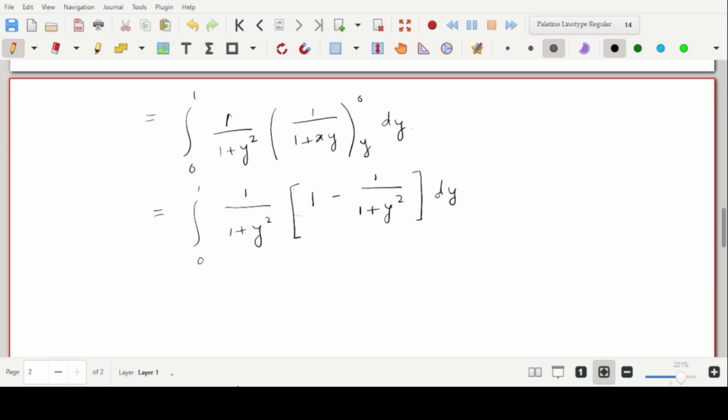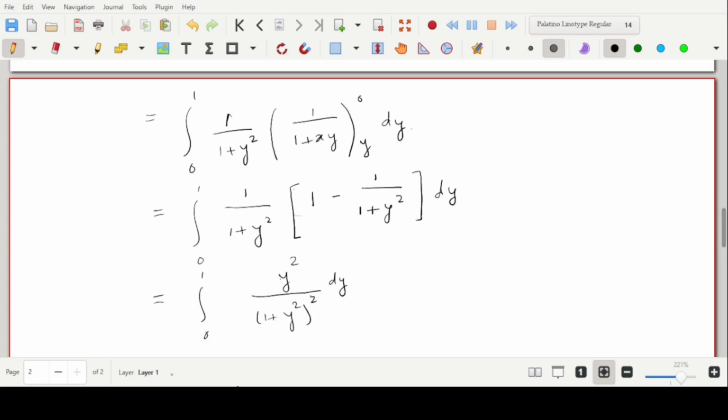Okay, so now this is 1 plus y square minus 1, so it becomes y square over 1 plus y square dy.